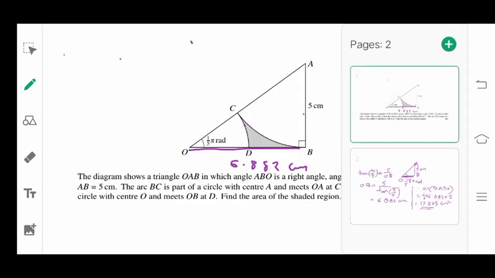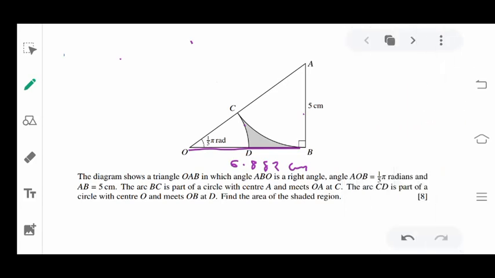Now we need the area of sector OCD. Even to find the area of sector OCD, we need the length OC. But to find the length OC, we must know the length OA, because from OA, if you delete AC, which is 5 centimeter, we get the length OC. So how do we find the length OA?